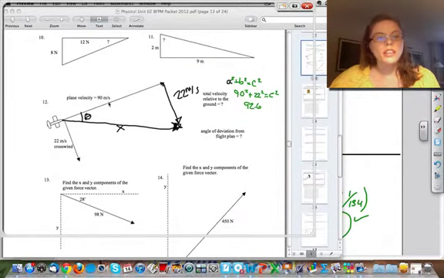And then you have to look at, this is in meters per second, this is in meters per second, so this will be meters per second. So the wind is actually making the plane go a little faster than what the engines are doing by itself.